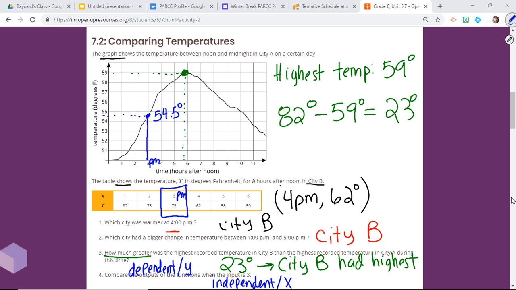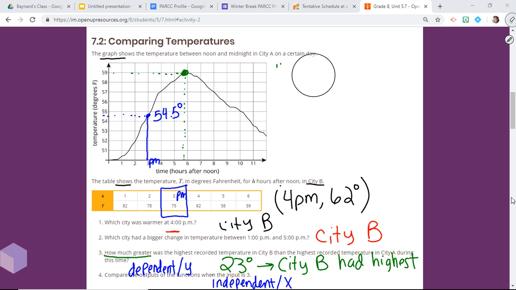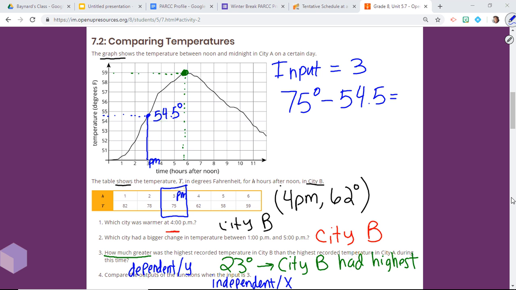And again, to compare, let's actually find the difference. So when the input is 3, we have City B with 75 degrees, and we're going to compare that to City A's 54.5 degrees, and the difference we get will be 20.5 degrees.